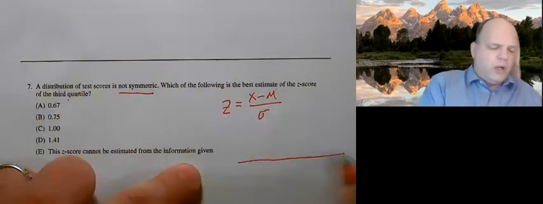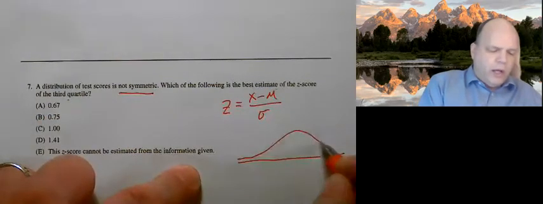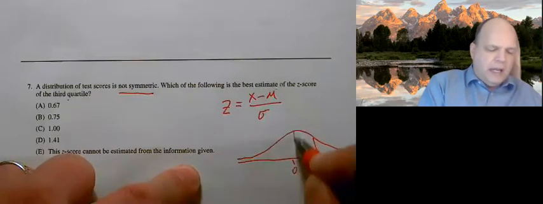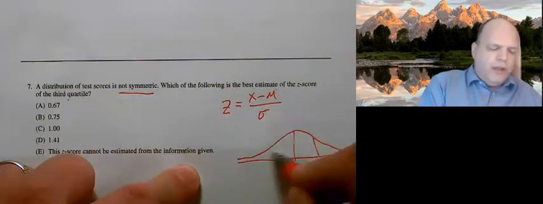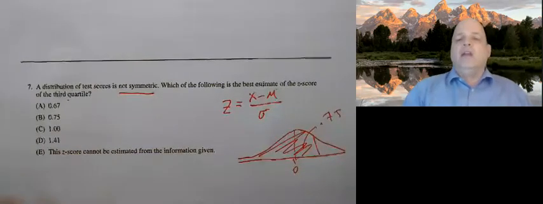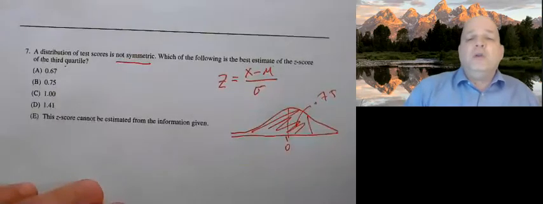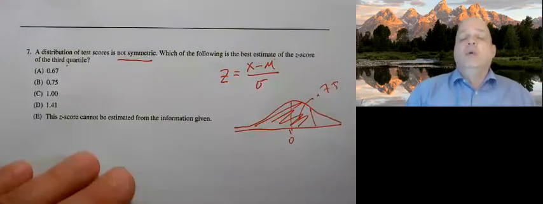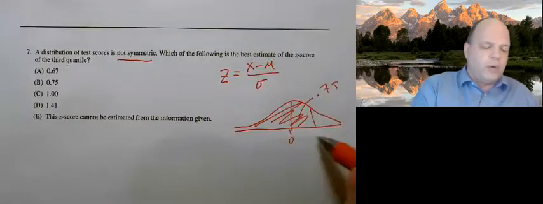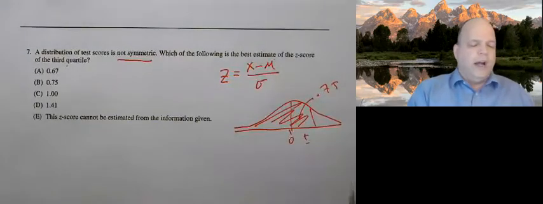So you start drawing a normal curve and you go, okay, 3rd quartile, this is a z of 0 at the mean, and I want this shaded area to be 0.75. And had this been normal, we could do an inverse norm of 0.75 and get a z-score right here. We know it's going to be a positive value, etc.